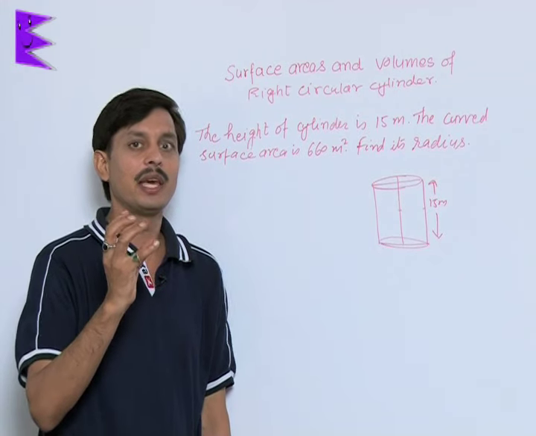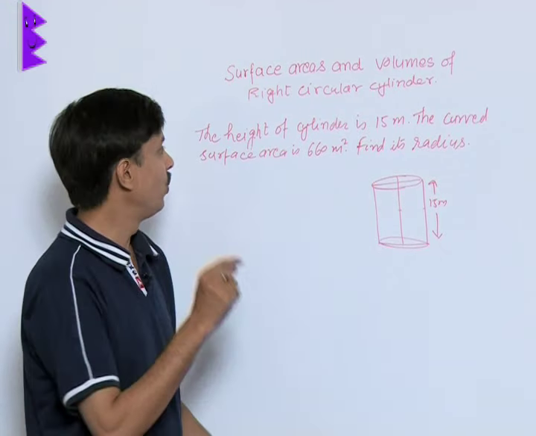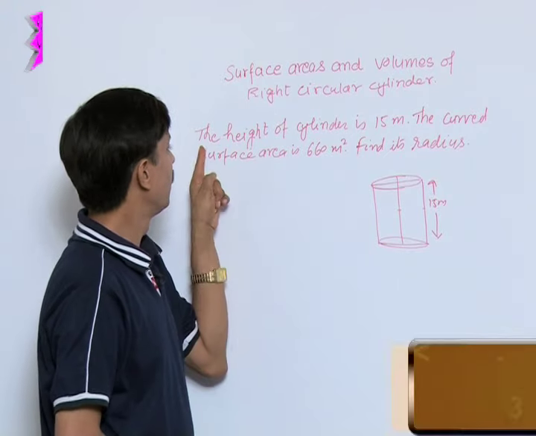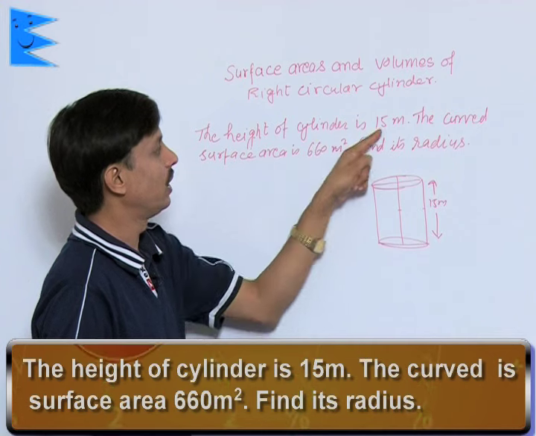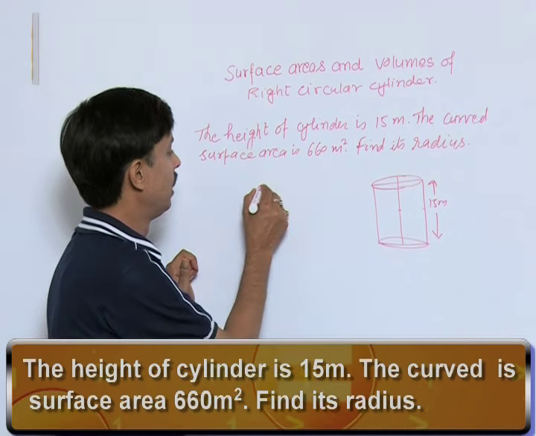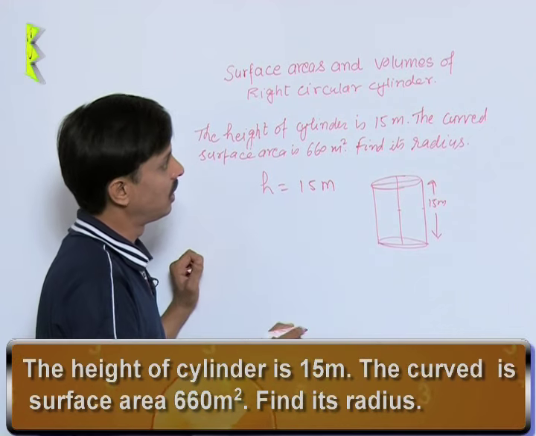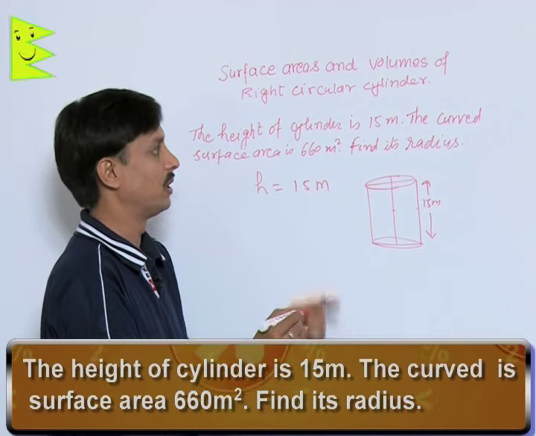Now I am taking an example where we will use the curved surface area formula. The height of a cylinder is 15 meters. That is small h we use to indicate the height of cylinder, 15 meter.